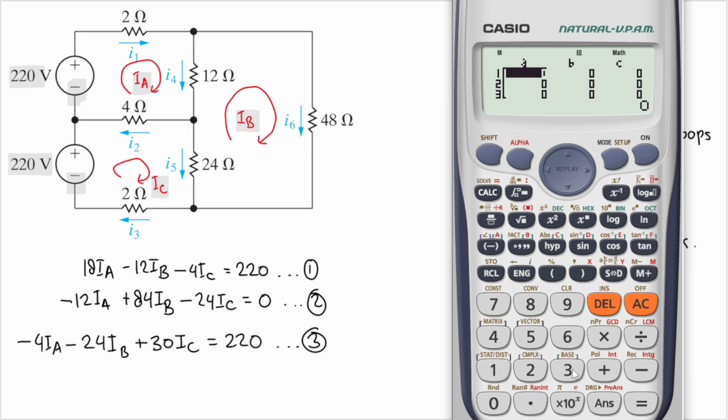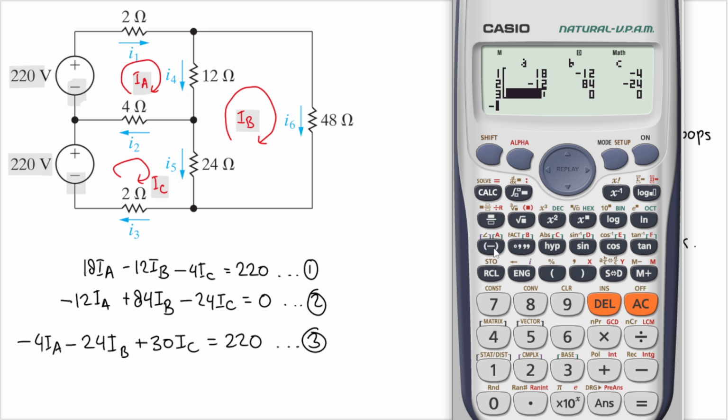All that we need to do is plug in all the coefficients. So I will have 18, minus 12, and then minus 4, and that will be 220. Then we will have minus 12, then 84, and then minus 24, and that will equal 0.